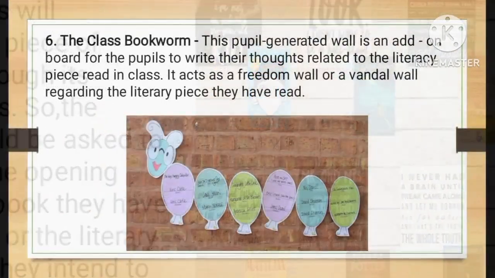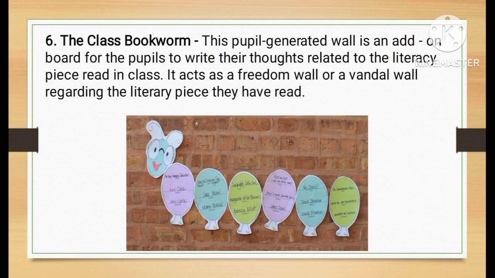Number 6, the class bookworm. This pupil-generated wall is an add-on to the board for the pupils to write their thoughts related to the literary piece read in class. It acts as a freedom wall or a vandal wall regarding the literary piece they have read.